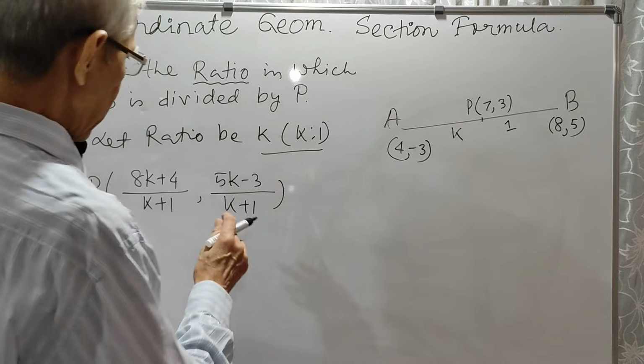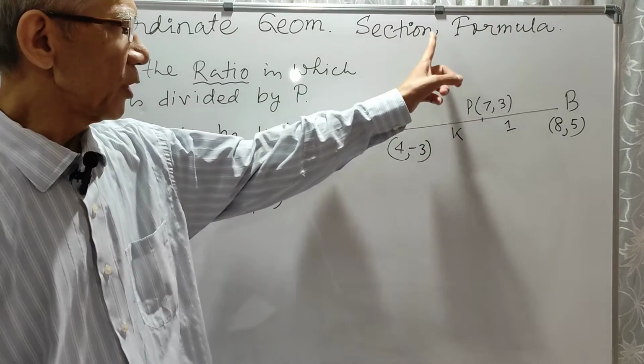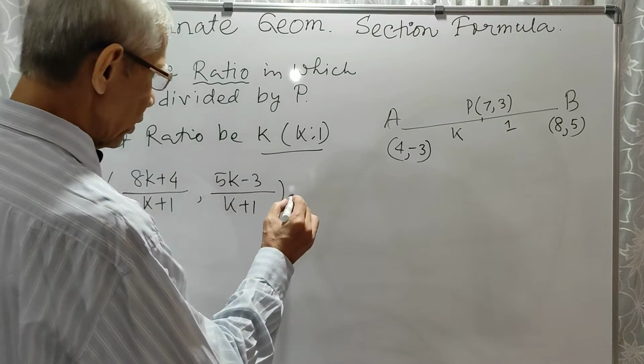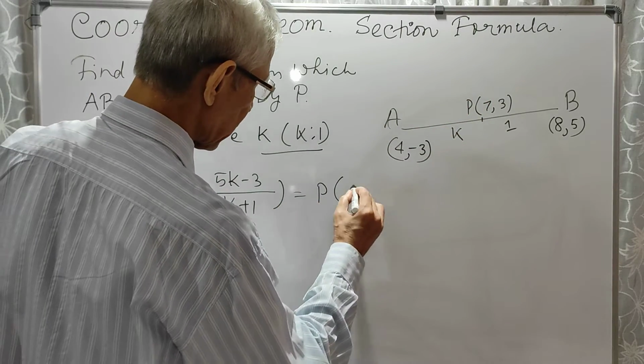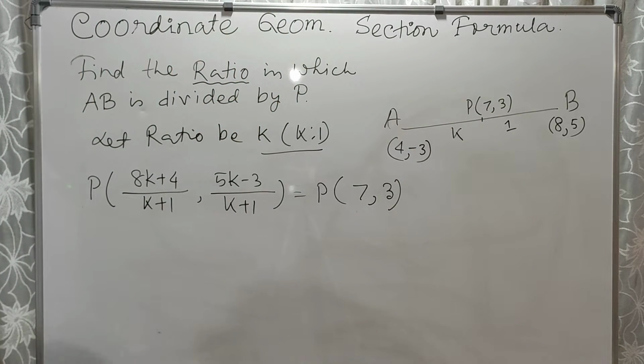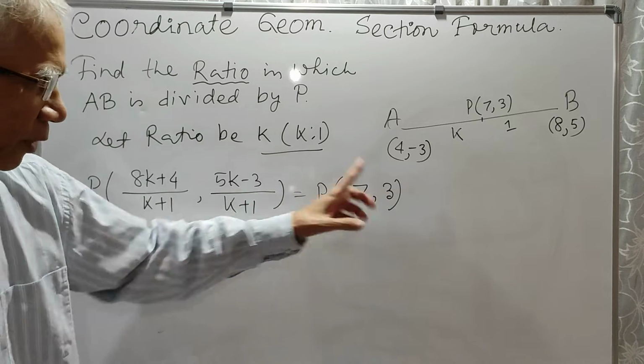All right. Now these are the coordinates of point P using the section formula. But the coordinates are already given, 7 3. So this must be equal to 7 3. Therefore we can equate x coordinate to x coordinate, y coordinate to y coordinate.